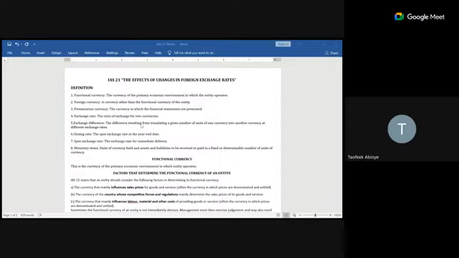IAS 21 is saying that when you have a foreign operation, like, remember that we are all working in Nigeria, and an organization buys an asset or has a foreign subsidiary that is not in our currency, which is Naira, how are you going to account for it? How are we going to account for it?